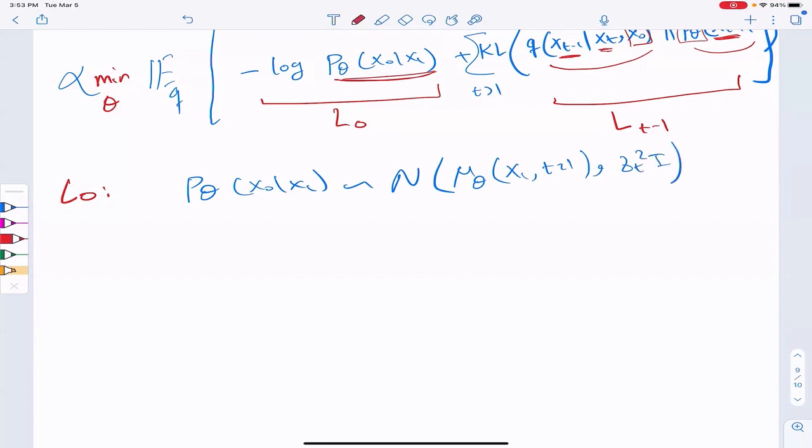Last time I mentioned that at the end of the day, x0 is your image, and image pixels are discrete values for each channel. For example, for each color the values are between 0 and 255. There are some implementation details on how to map your output Gaussian distribution to such discrete values. One implementation is to scale the numbers to be between -1 and 1, and then discretize this Gaussian.